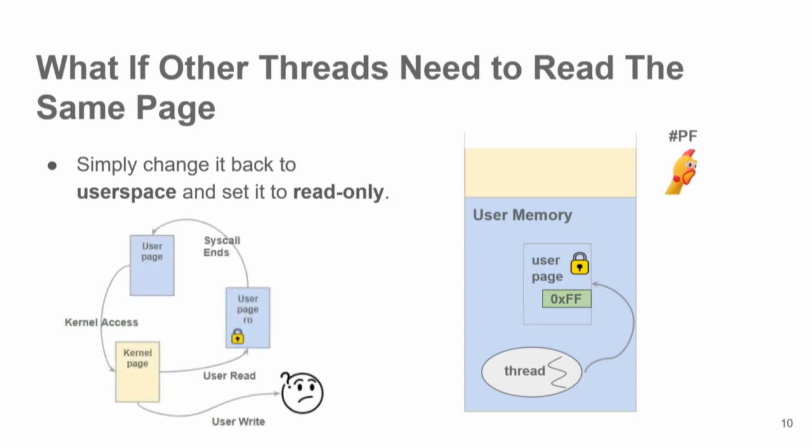So during the whole time, from the first time a syscall references the user page until the current syscall ends, the page is protected either by being in kernel space or in user space with read-only permission. So the whole time we protect this page from being overwritten by other threads.